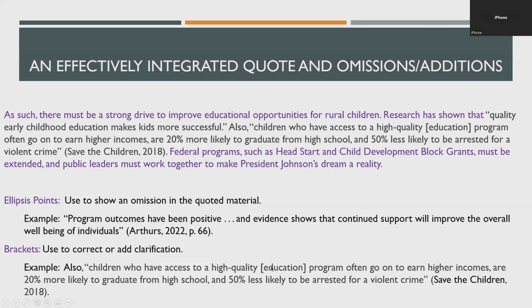And the writer here has added in the word education to clarify the type of program they're talking about. So those are the two ways that we can alter a quote. We can remove words by using an ellipsis, or we can add or clarify things by using brackets. And again, at the top here, we had an example of how to properly integrate a quote. We provide some context, we present the quote itself, and then we discuss the significance of the quote.